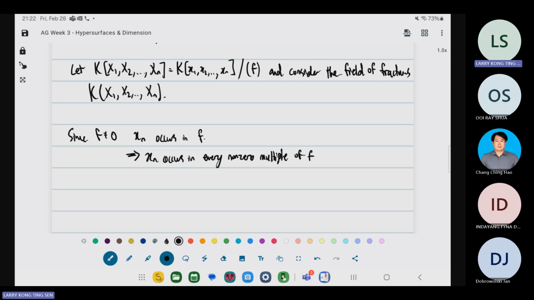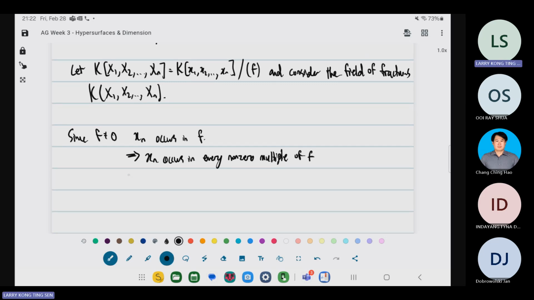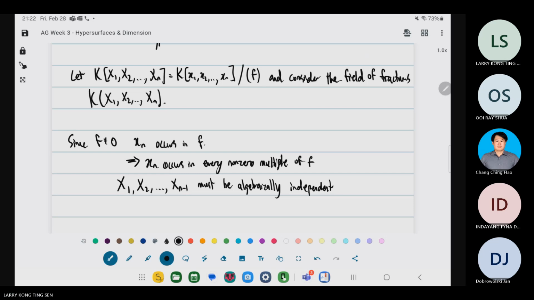And because of this, I believe that in fact x1, x2, until xn minus 1 must be algebraically independent for this k.